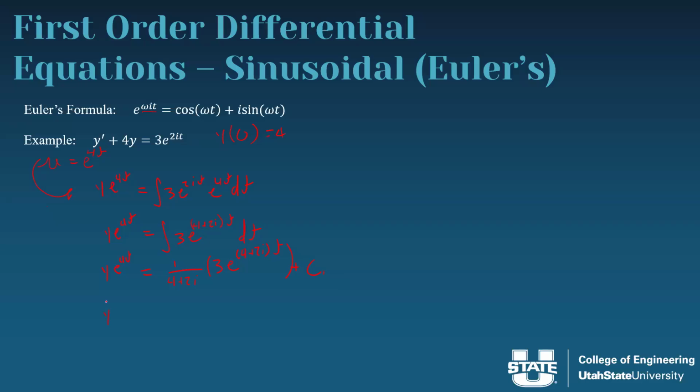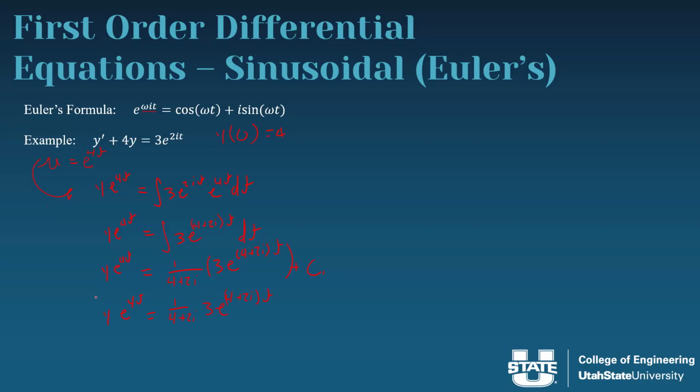So then you have y e to the 4t equals 1 over 4 plus 2i, 3 e to the 4 plus 2i times t.